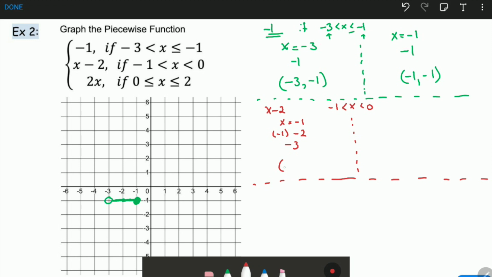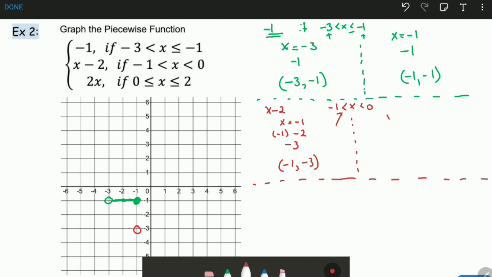So our first ordered pair, -1, -3. This ordered pair is an open dot. So -1, -3, open dot because of the less than sign.